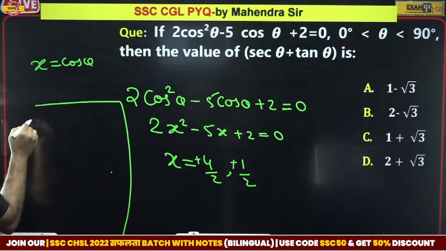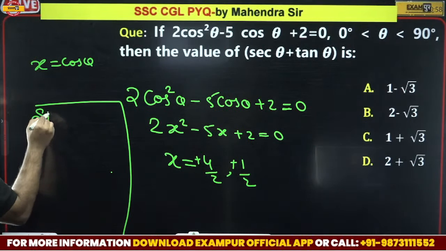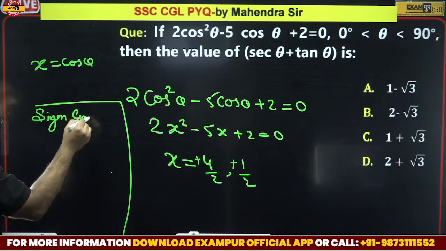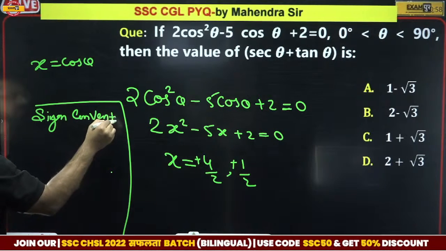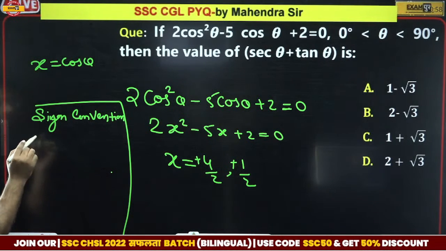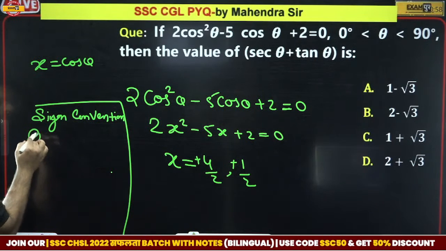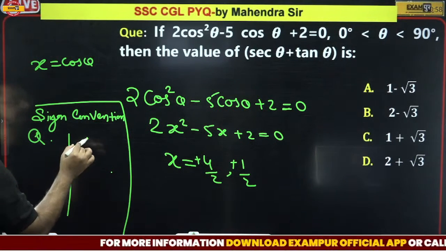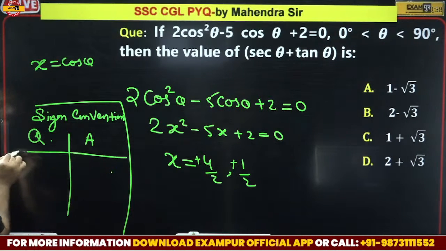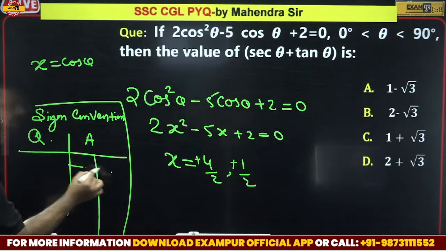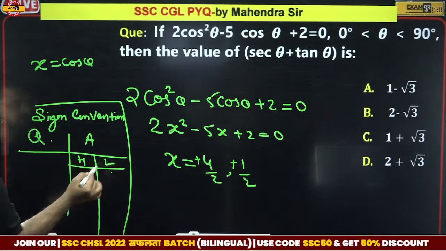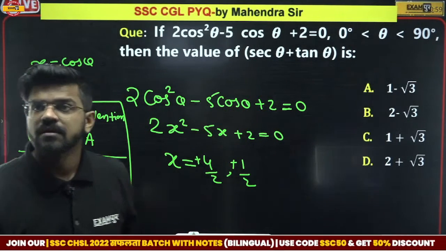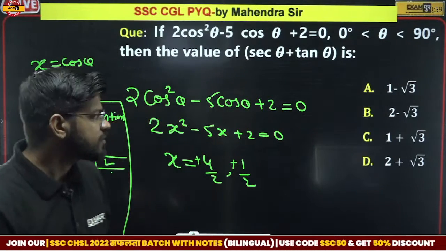Here let me tell you the sign convention. What is the sign convention? Here it is a quadratic equation, and here we are getting the answer. In the answer we are getting a higher and a lower part. So first you have to write the higher part and then the lower part.